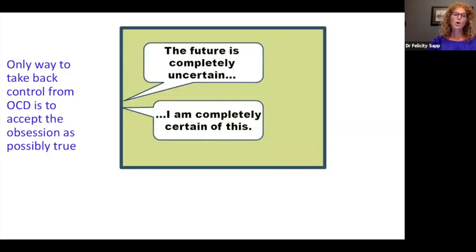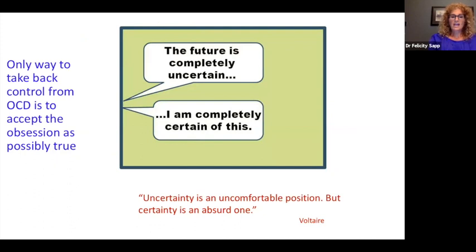Well, really, the only way to take back control from OCD is to accept the possibility that the fear or the obsession could be true. Again, this goes to the idea that we can't be certain of the future. And uncertainty is an uncomfortable position, but certainty is an absurd one.